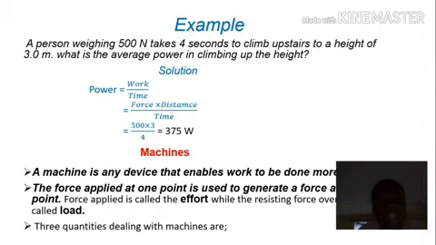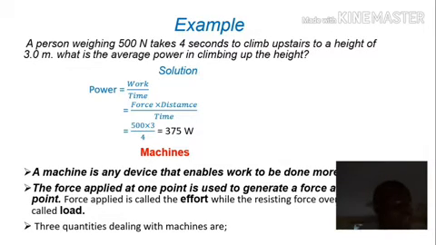Let's get an example on how you can solve numerical problems involving power. A person weighing 500 Newton takes 4 seconds to climb upstairs to a height of 3 meters. So force is 500 Newton, time is 4 seconds, distance is 3 meters. What is the average power?